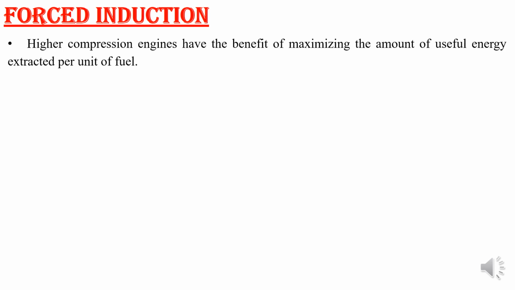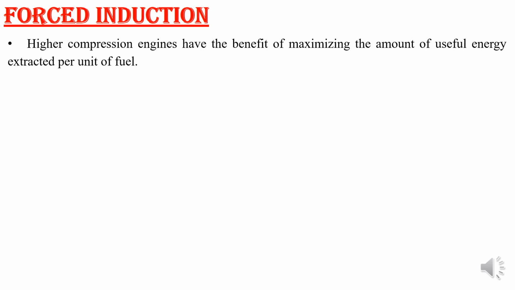These higher compression engines have the benefit of maximizing the amount of energy extracted per unit of fuel, because whenever we put in higher pressure, mass increases. That means the oxygen content in the air is going to increase.